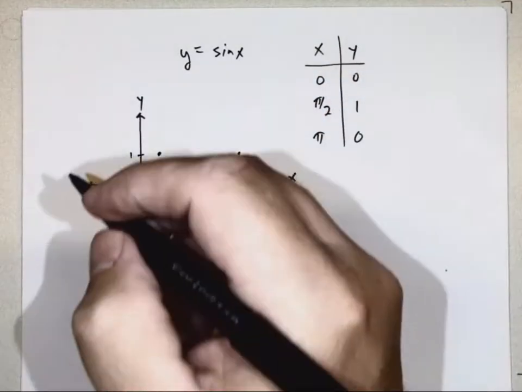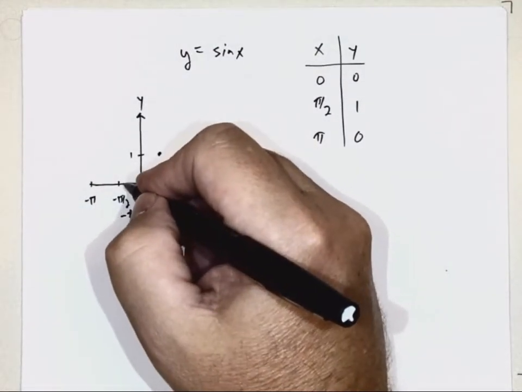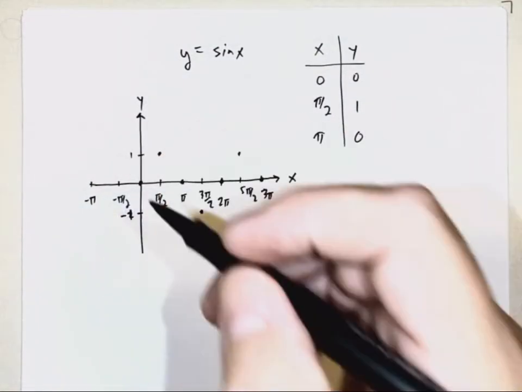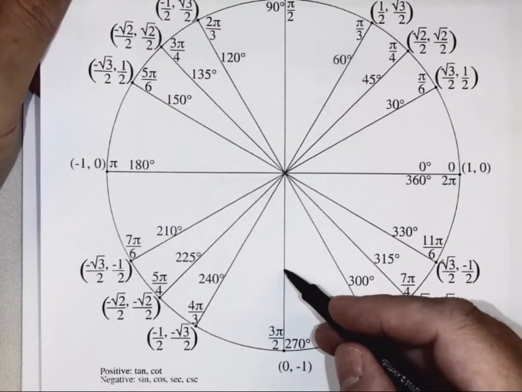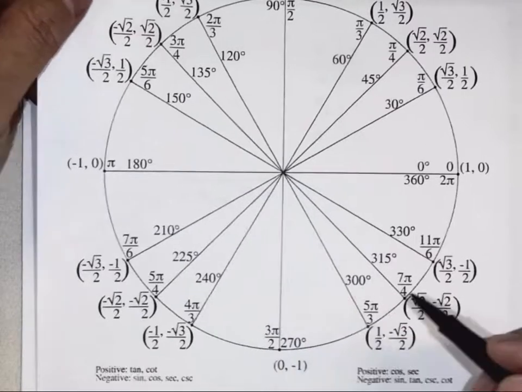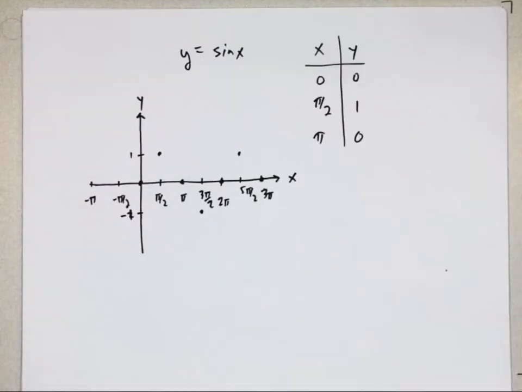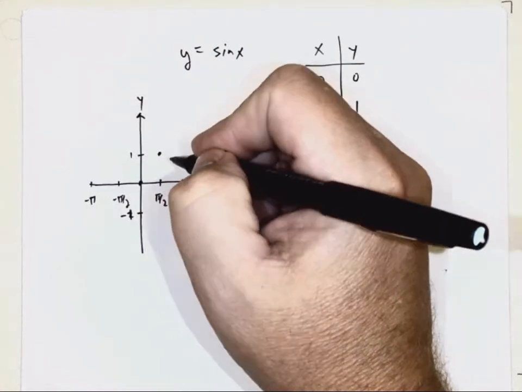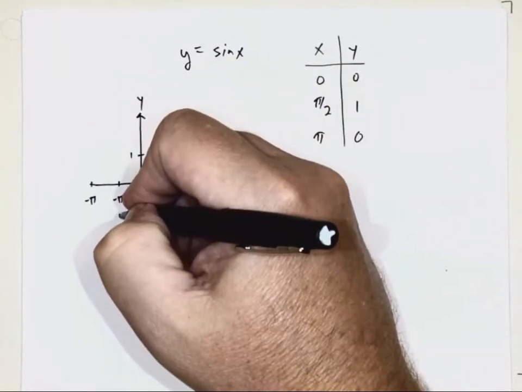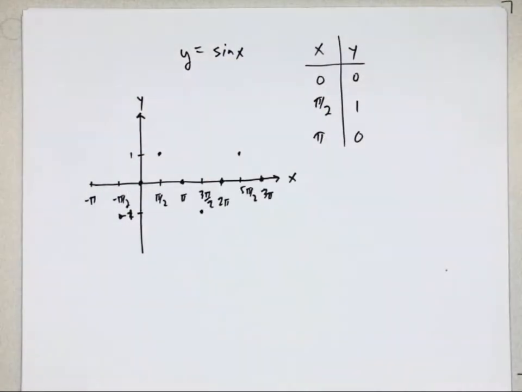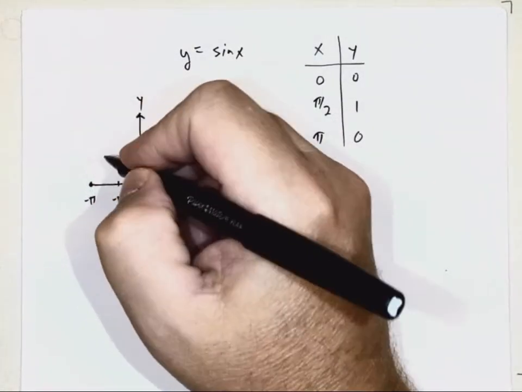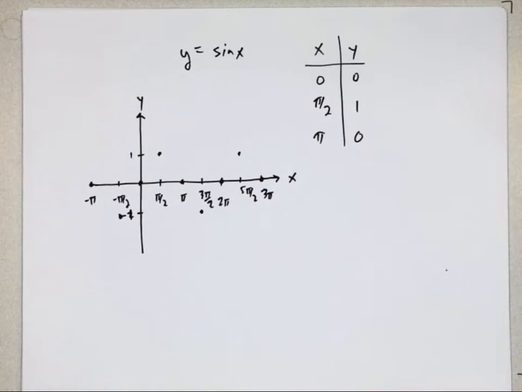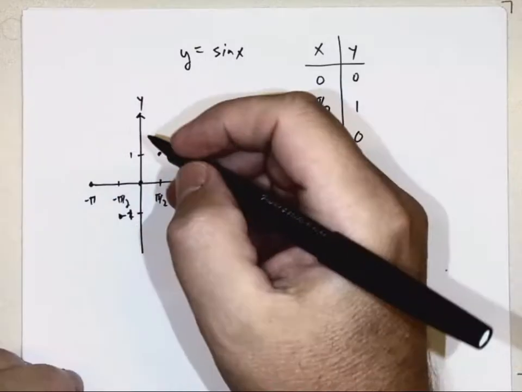If I look at a couple of negative angles, negative pi over 2 once again. Negative pi over 2 means I go in the clockwise direction to right here. What's the sine going to be? Negative 1. And then the sine of negative pi is back to 0. So now if I try and connect these dots, once again, it's going to be a curve. I'll just draw in straight lines.